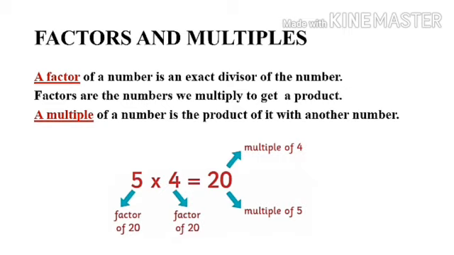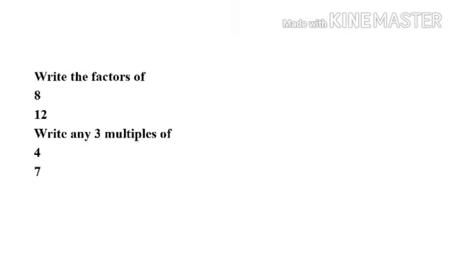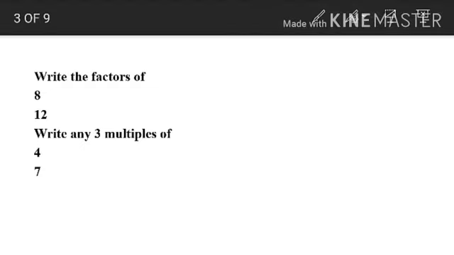Let us now do some problems. The first one is to write the factors of 8 and 12. Let us find the factors of 8. We know that a factor of a number is the exact divisor of the number.